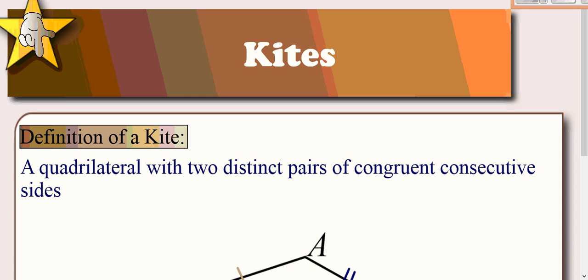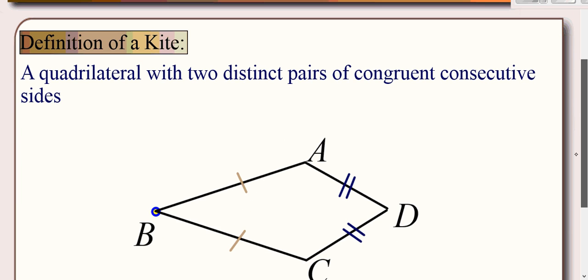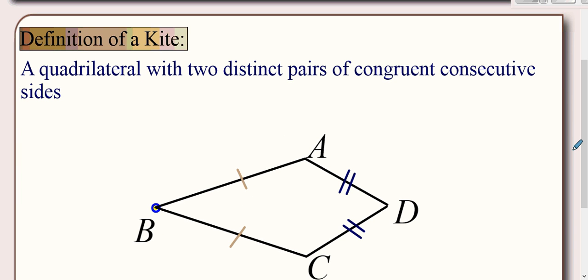So now we're going to look specifically at a kite. A kite is a quadrilateral with two distinct pairs of congruent consecutive sides. The definition is a little bit confusing, but once you tie it to a picture, it's going to make sense. So there's two different side lengths.